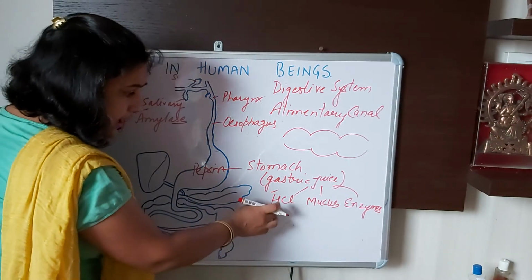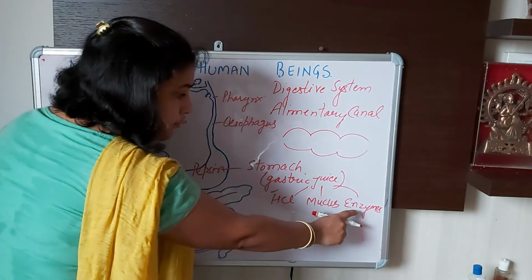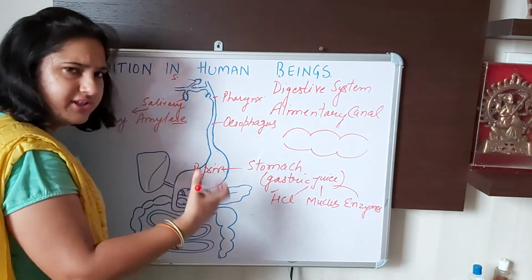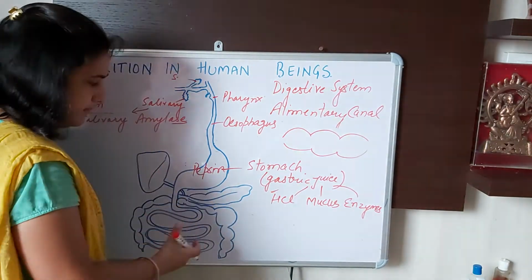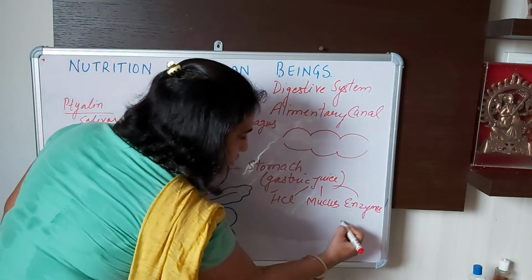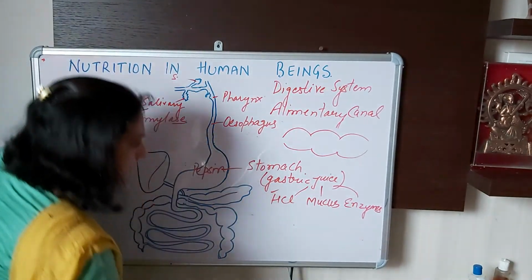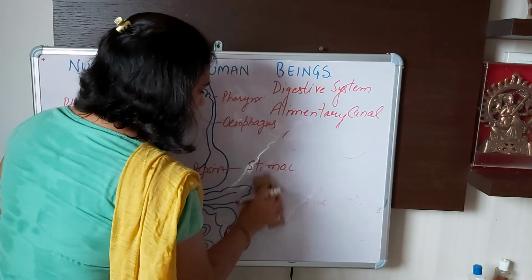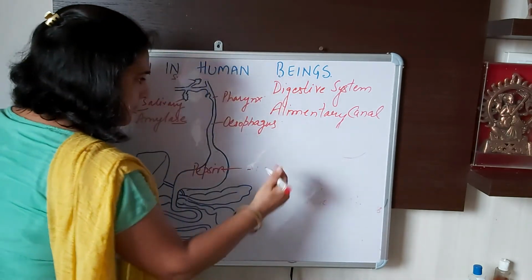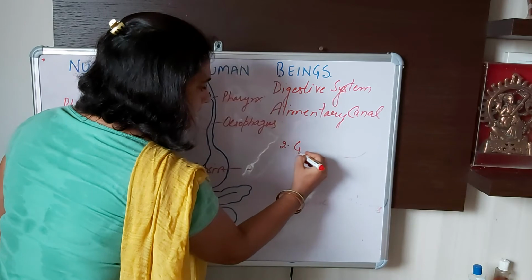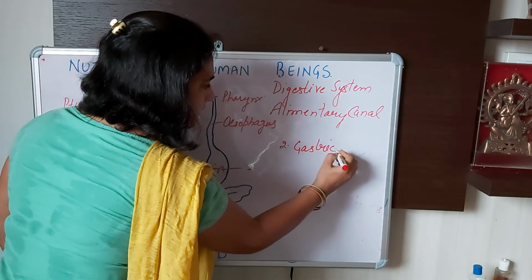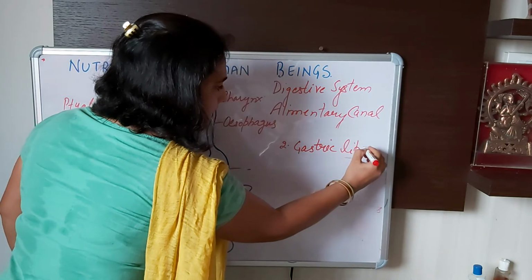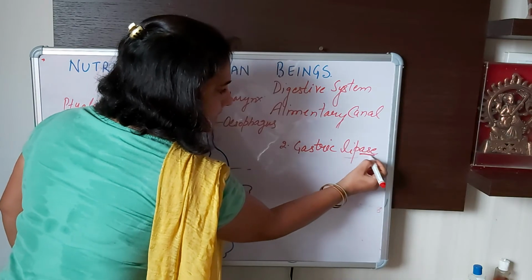Along with it, we have one more enzyme that helps in the partial digestion of fats. I'll write it here. Number two, gastric lipase. Again, the word comes ase.